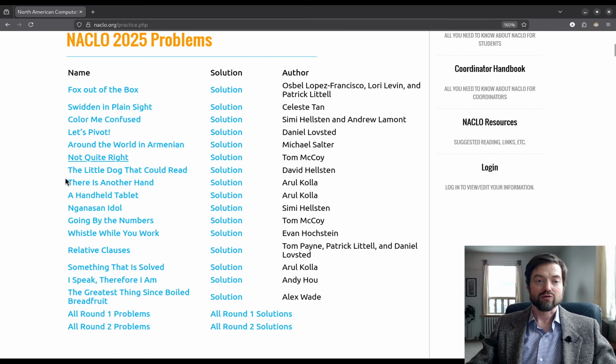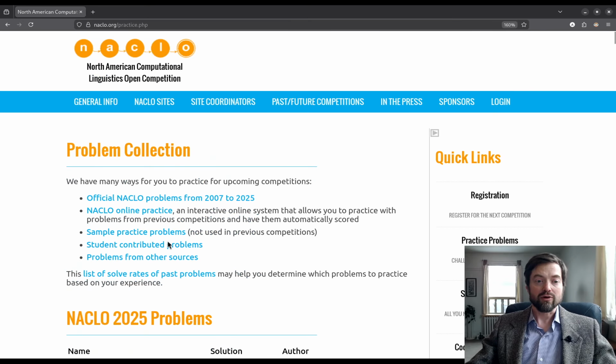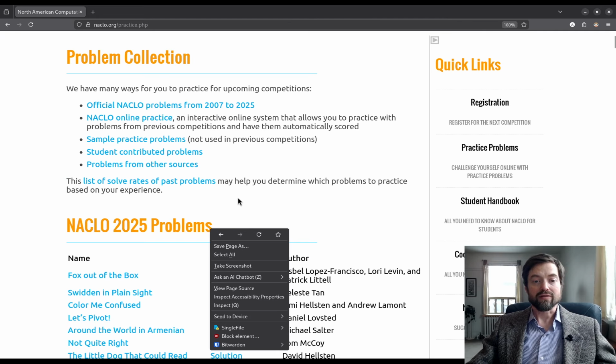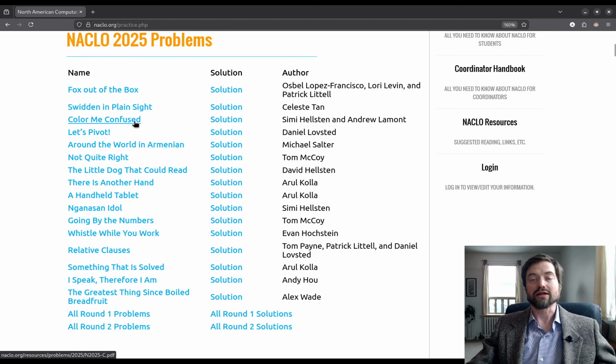So here we see 2025, and you can go down through all of them. But what I want to look at today is what I recommend for the starting point. These are the actual problems you get when you take the exam. Roughly the first half is going to be the open, and the second half would be the invitational, what they're calling round 1, round 2.